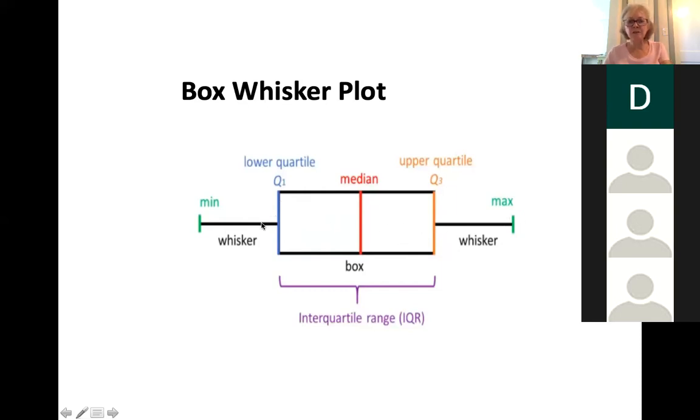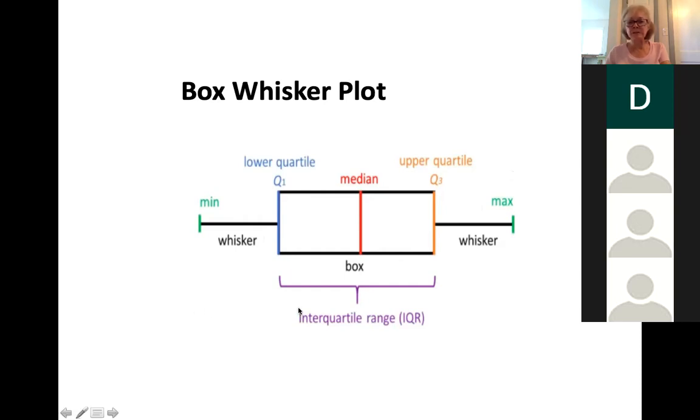Then it moves on to finding the median, the one that's in the middle, 50% below, 50% above, and marches on to find the 75th percentile, 75 below, 25 above.